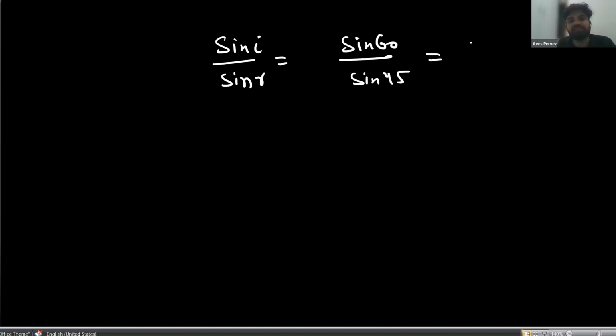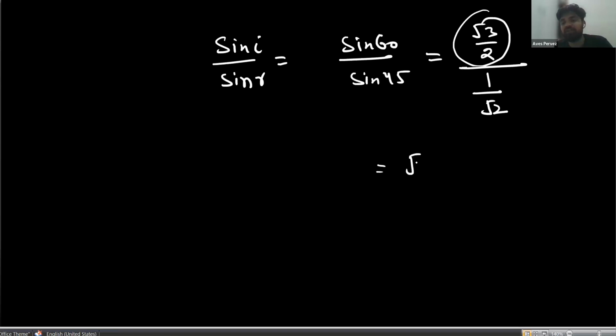The value of sine 60 is root 3 by 2, and the value of sine 45 is 1 by root 2. So root 3 by 2 is being divided by 1 by root 2.